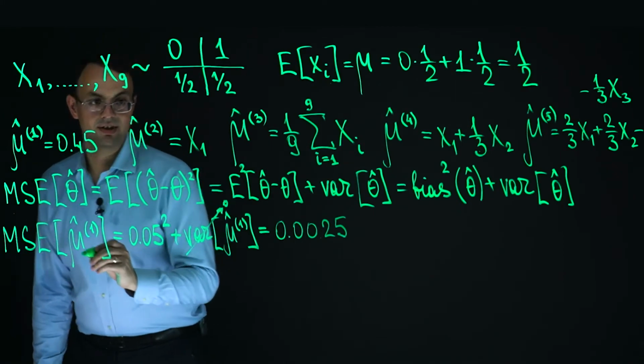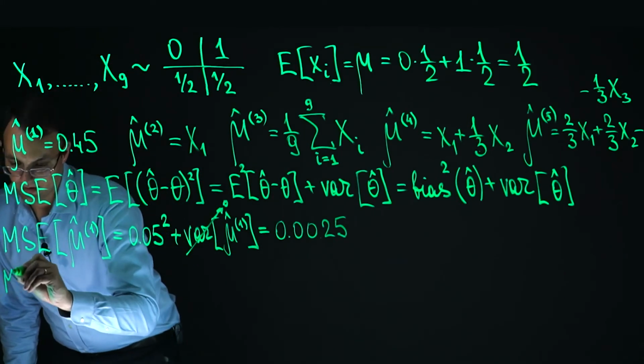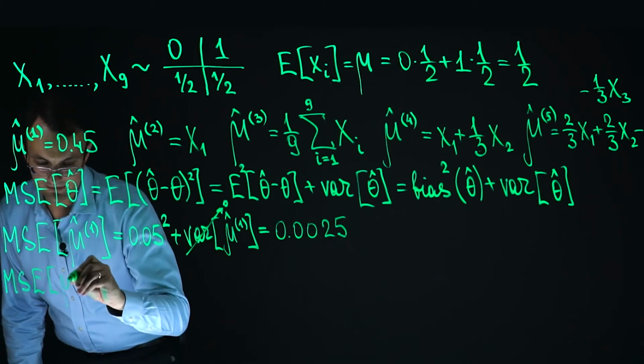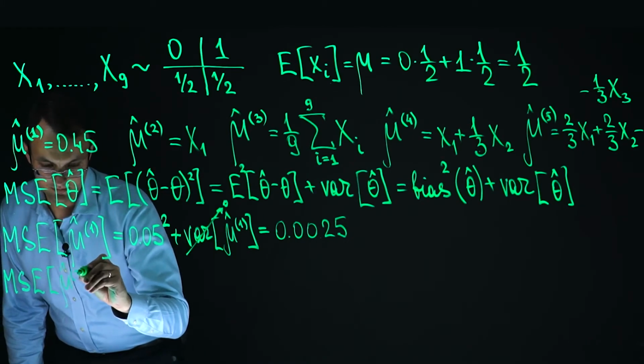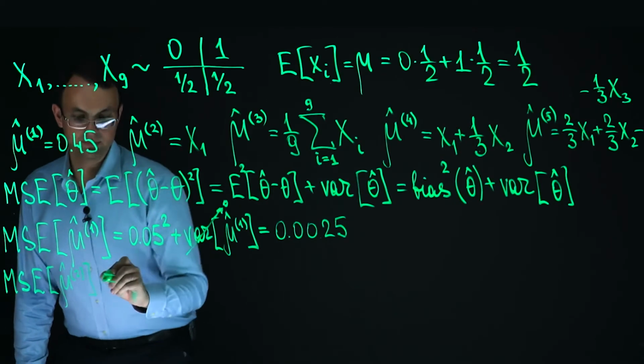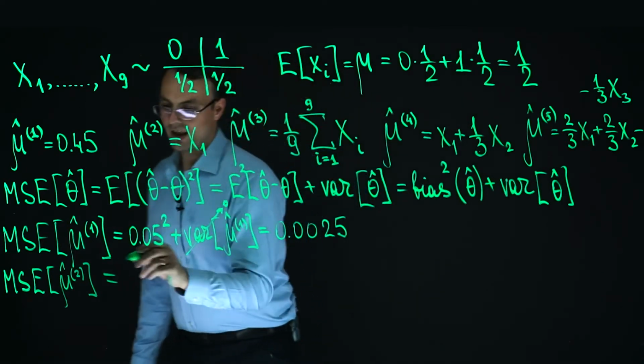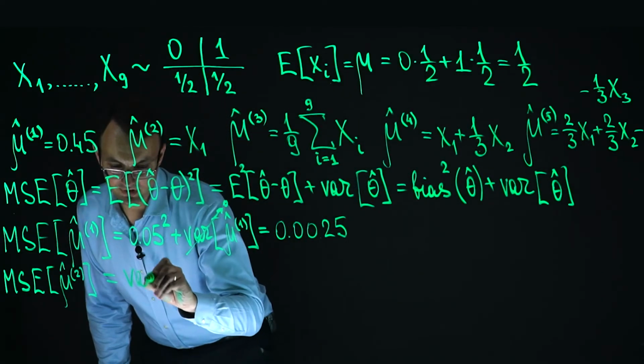Then MSE of mu2 hat. As mu2 hat is an unbiased estimator, the MSE in this case is equal just to the variance.